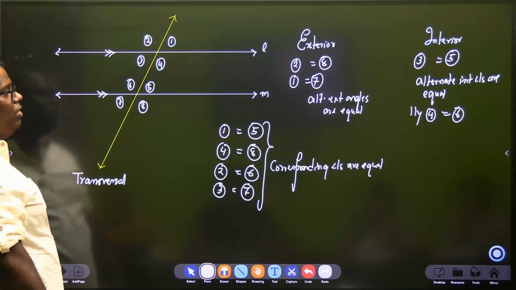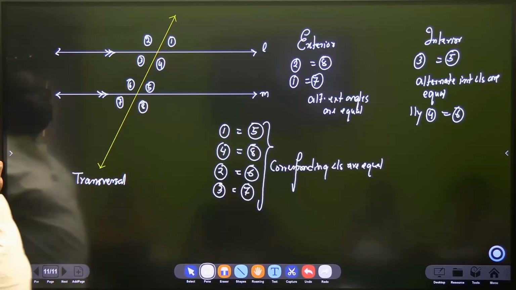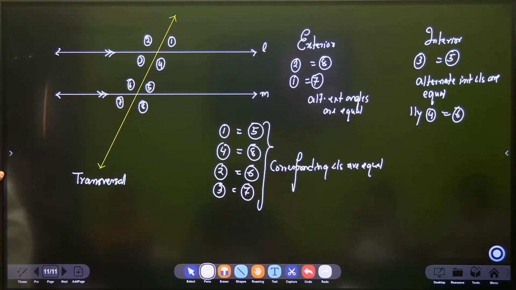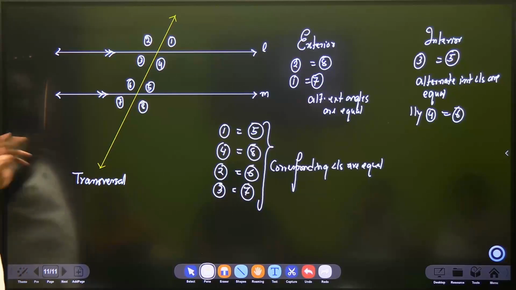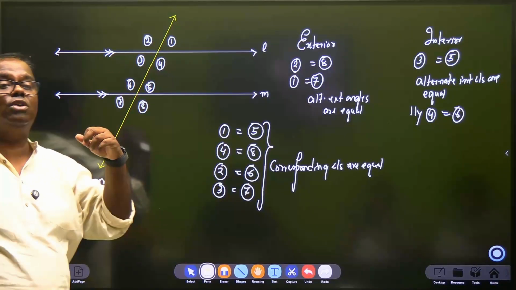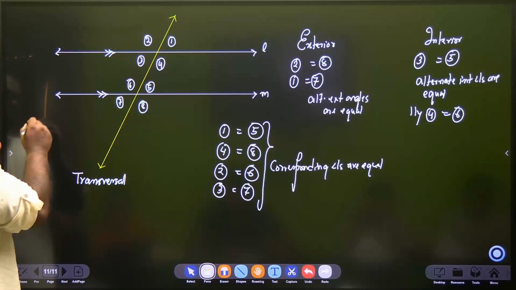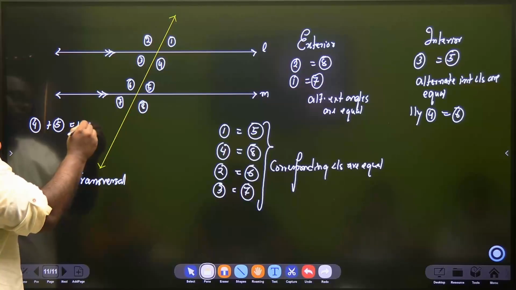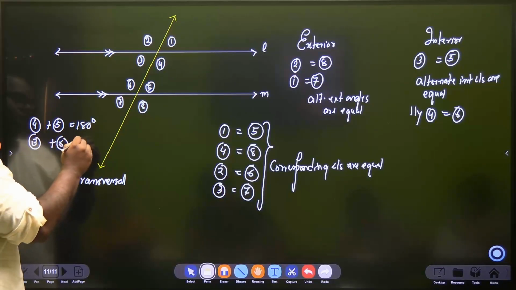Okay. So what all are we done with? We are done with alternate interior, alternate exterior, and corresponding. Now there is something called co-interior. Co-interior are 4 and 5, and 3 and 6. They will be supplementary. So we will say 4 plus 5 will be equal to 180, and similarly 3 plus 6 will be equal to 180.